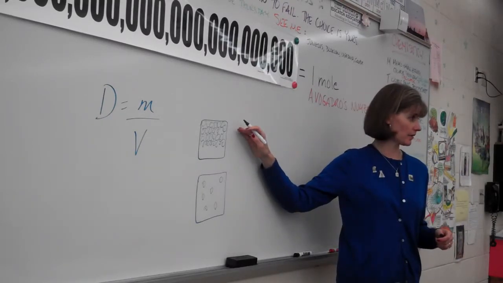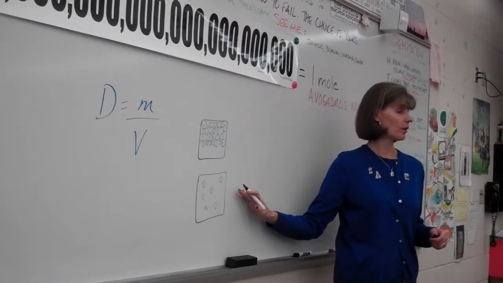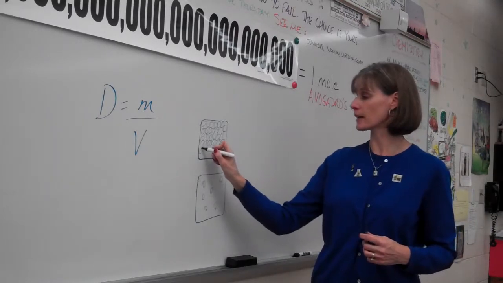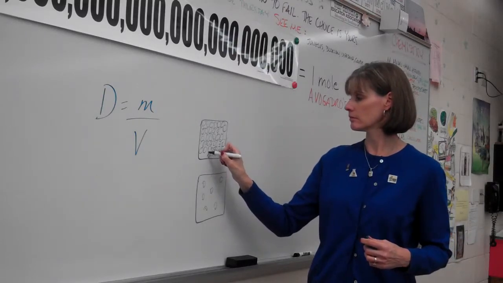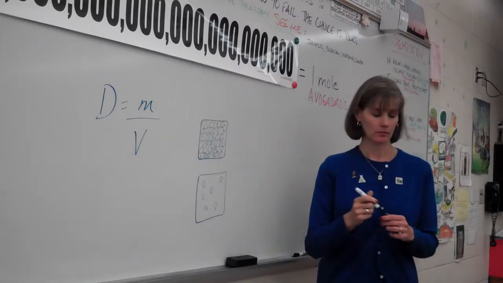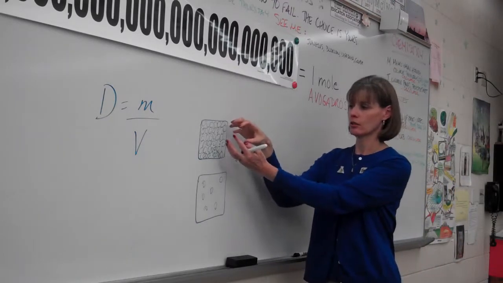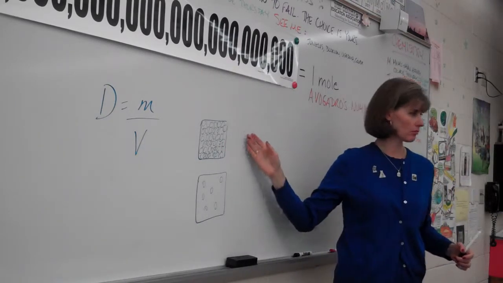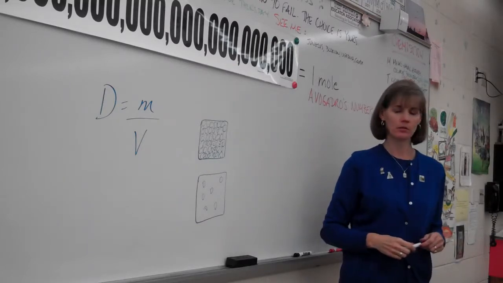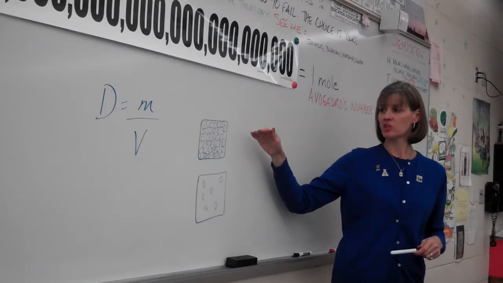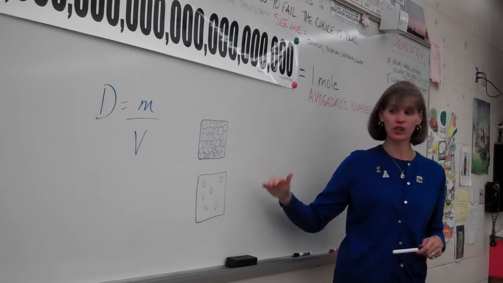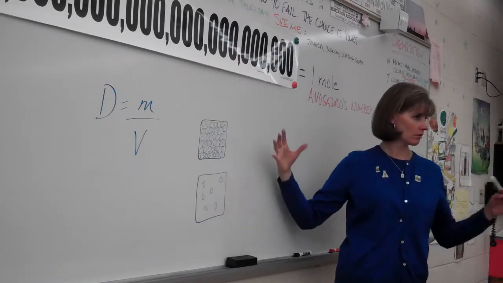This one is more dense than this one. The particles are more tightly packed together. So there is more matter in that same space. Higher density, lower density. Chunk of metal, sponge with holes in it.